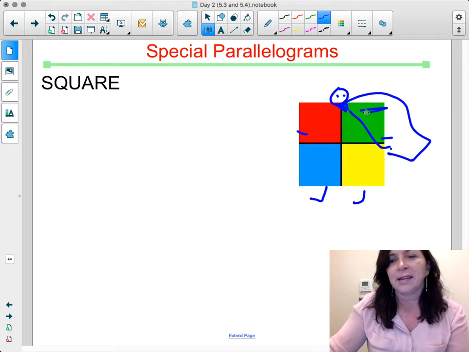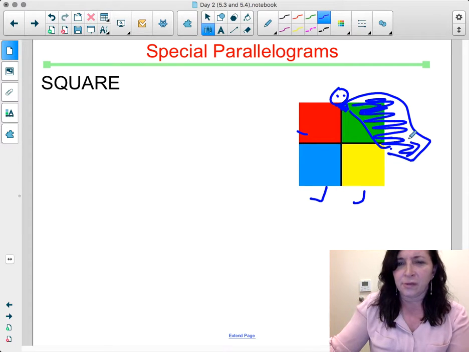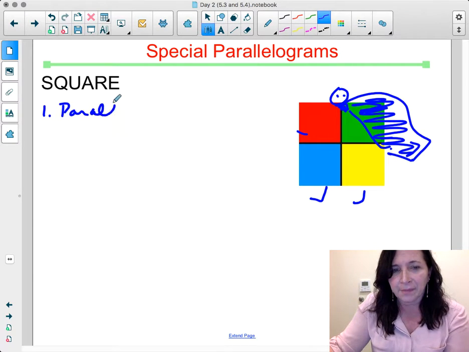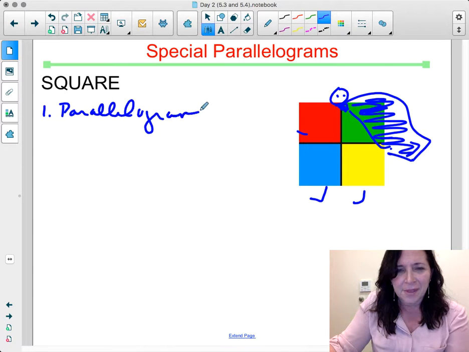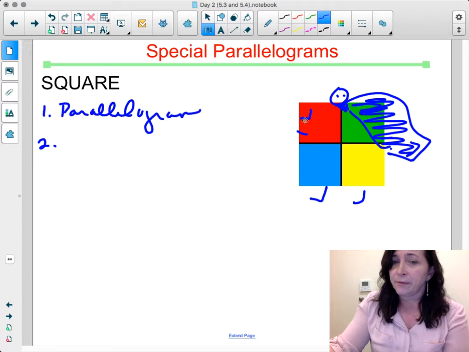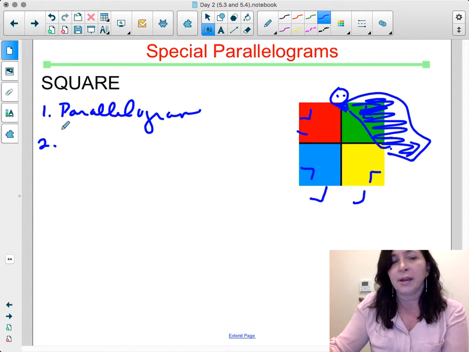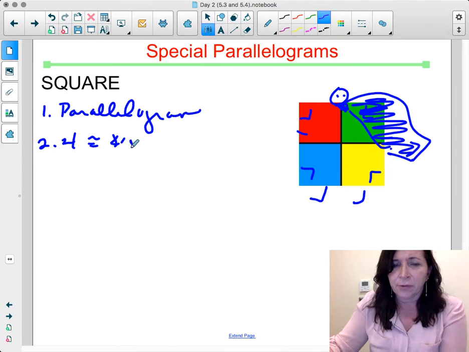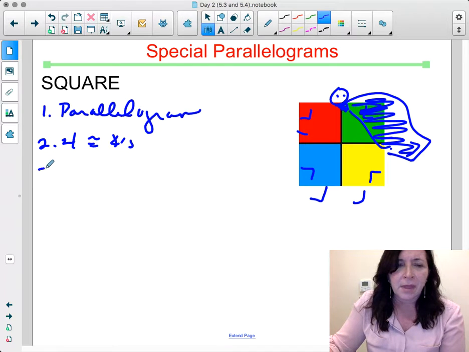So basically, our square is all powerful. And that is because, number 1, it is a parallelogram. Number 2, it does have 4 congruent angles, just like a rectangle. Of course, those angles are all 90 degrees.